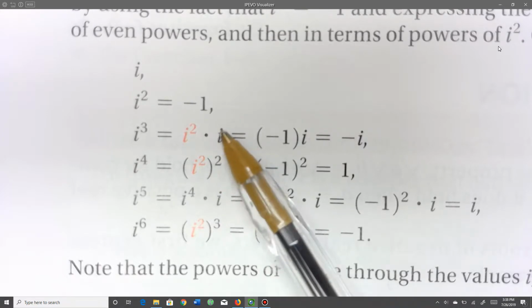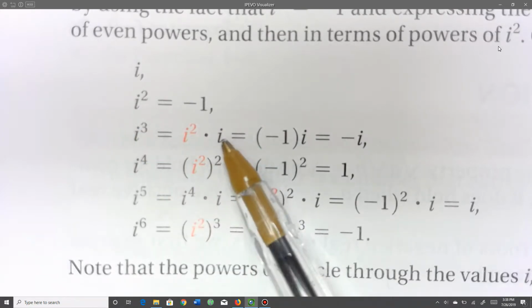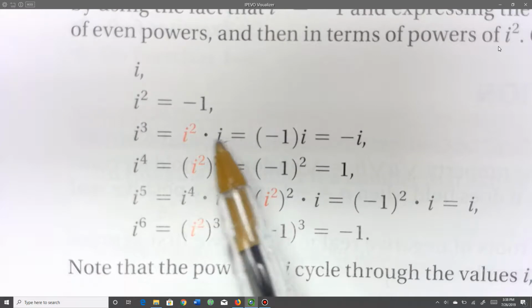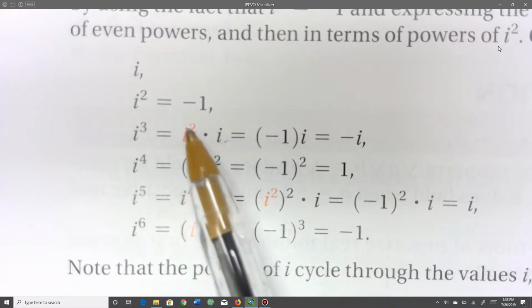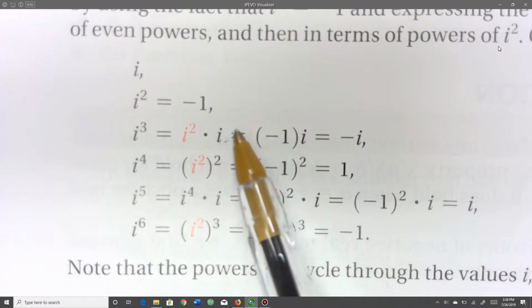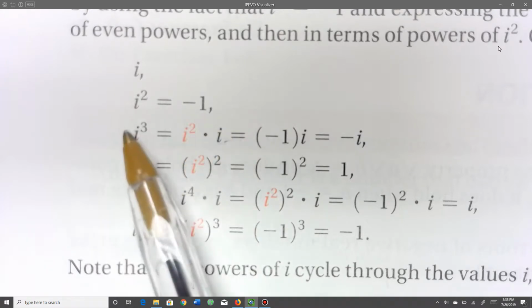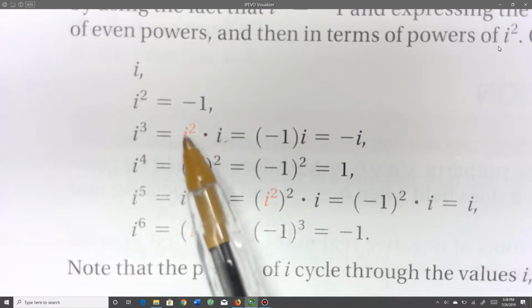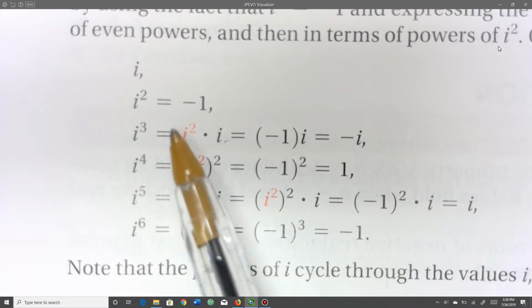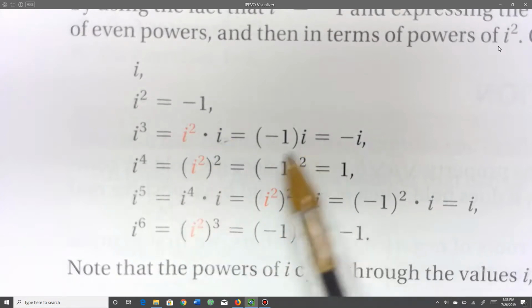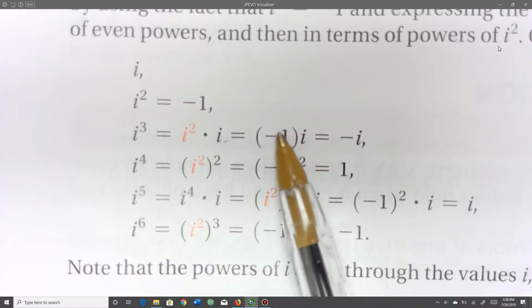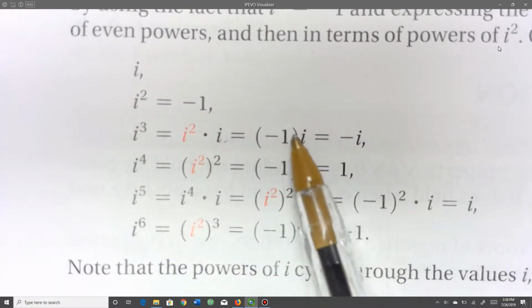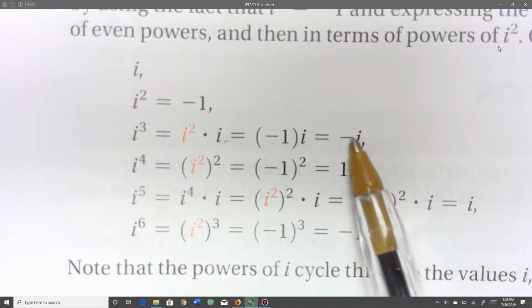So for example here, I'm going to have a residue of i. That's what I call it, because i squared times i means i cubed, right? And we want to have even exponents. In that way we can turn it into a negative value, a negative 1. Negative 1 times i becomes negative i.